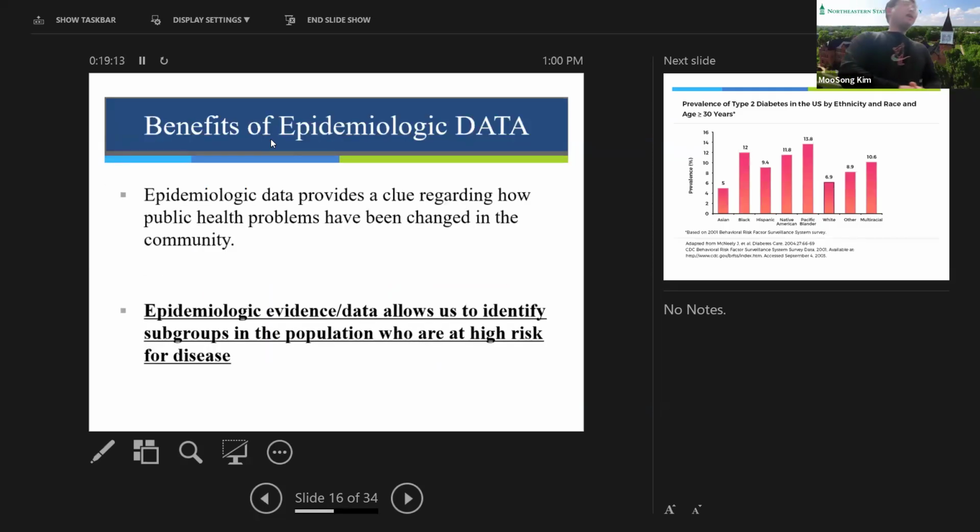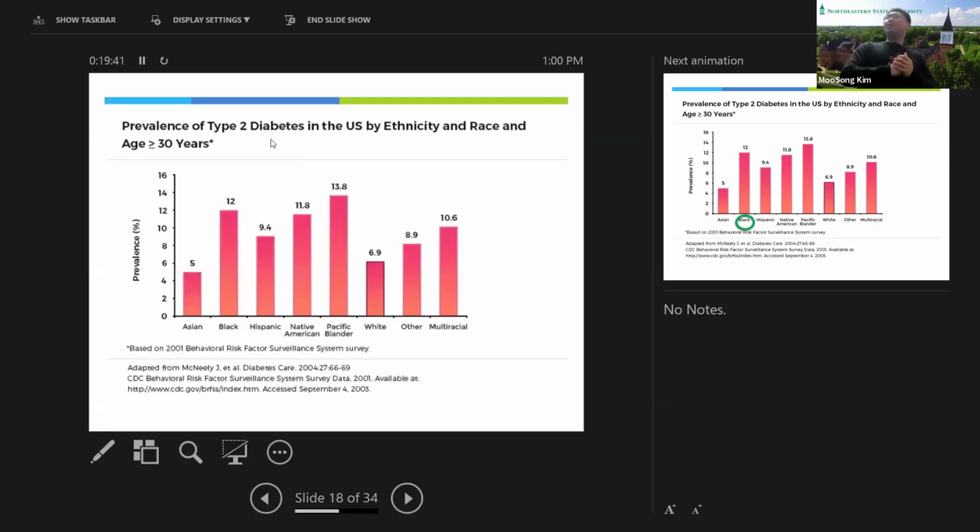This kind of data also allows us to identify subgroups in the population who are at high risk for disease. We are all different, in different age groups and different races. This data allows us to see who is at higher risk for certain diseases.